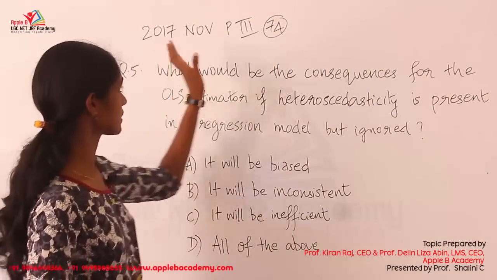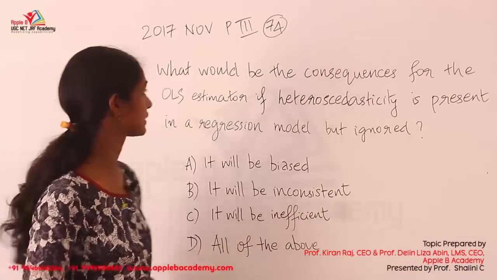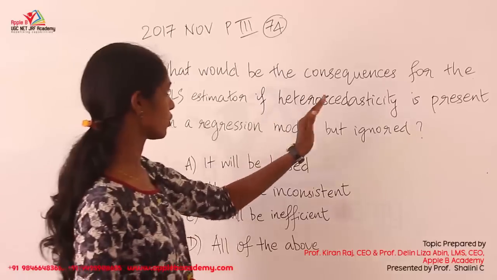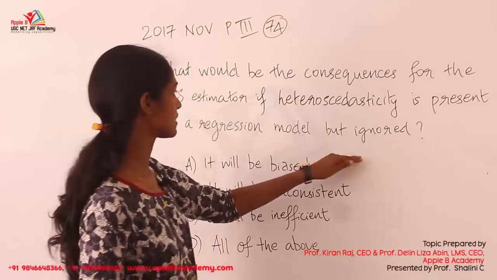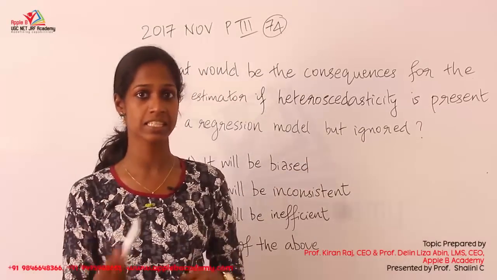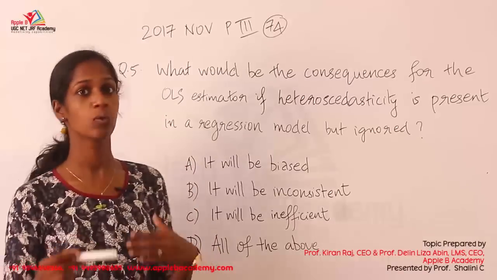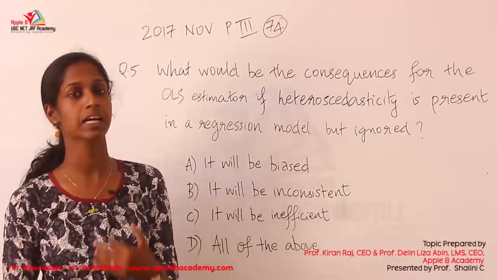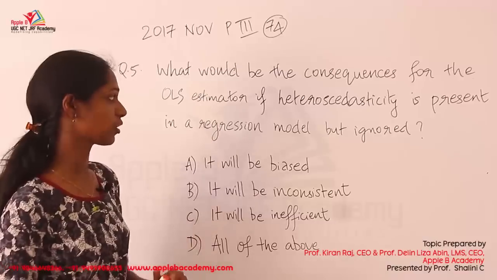So the next question, 2017 November, paper 3, 74th question. What would be the consequences for the OLS estimator if heteroscedasticity is present in a regression model but ignored? So these are the conditions that we discussed under heteroscedasticity. What will happen to the OLS estimators if we continue the estimation disregarding heteroscedasticity?